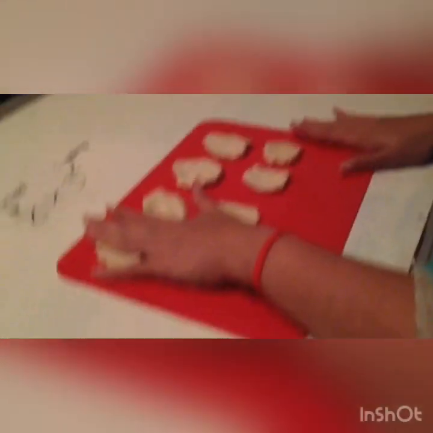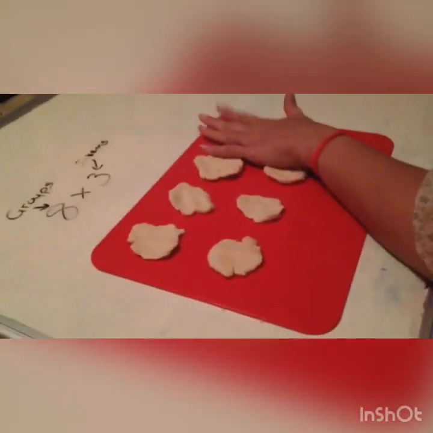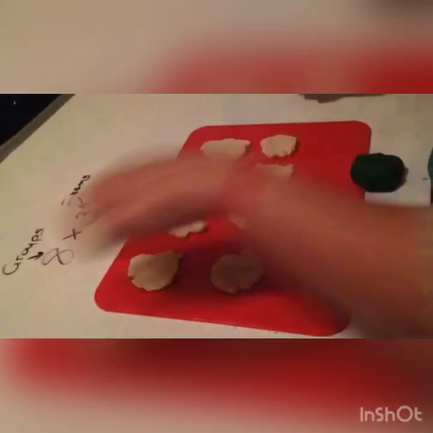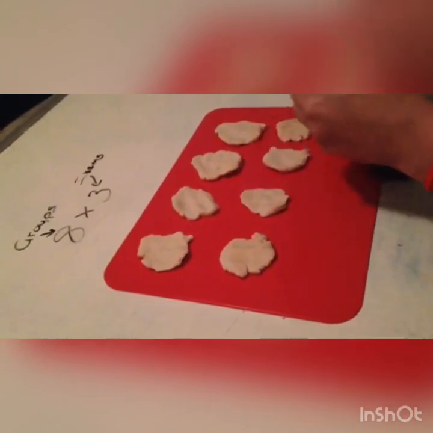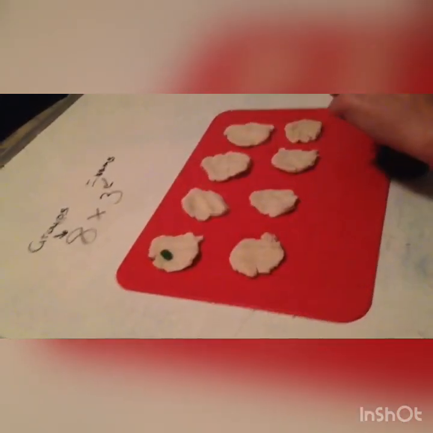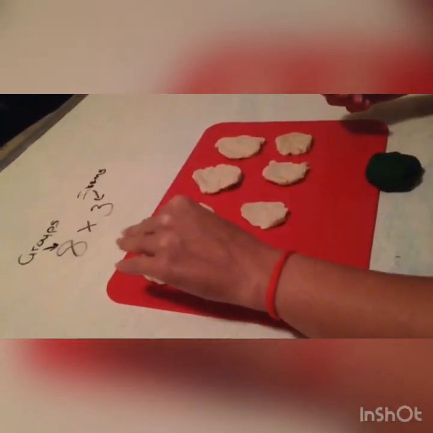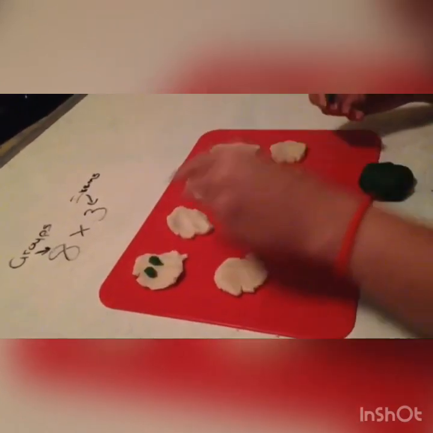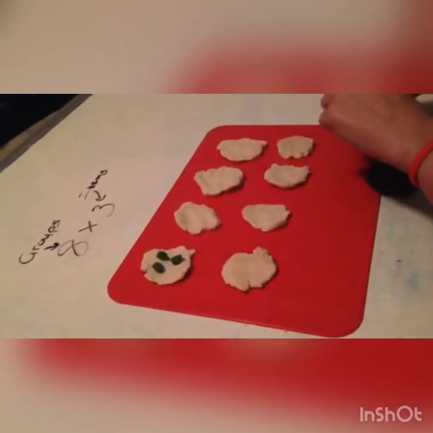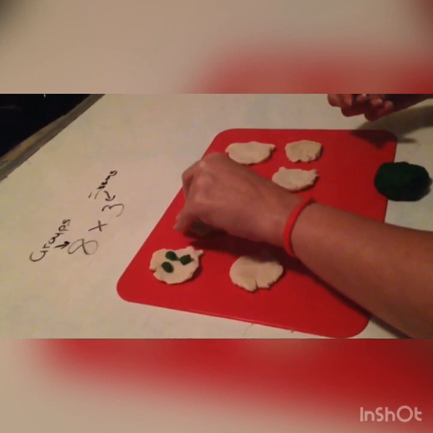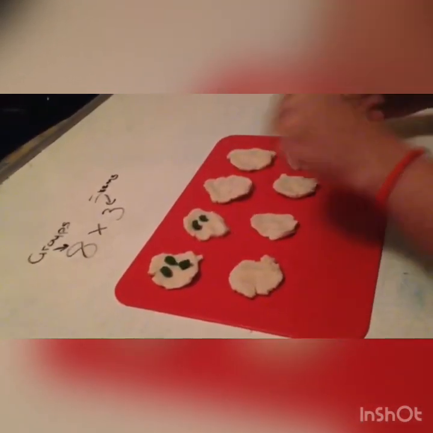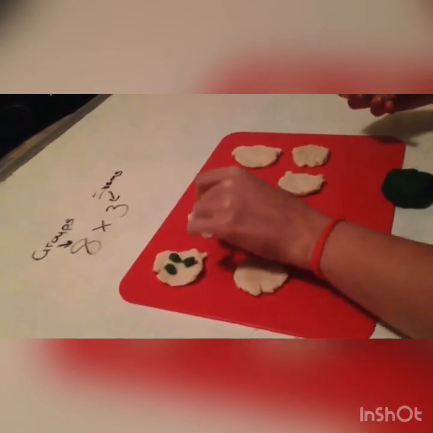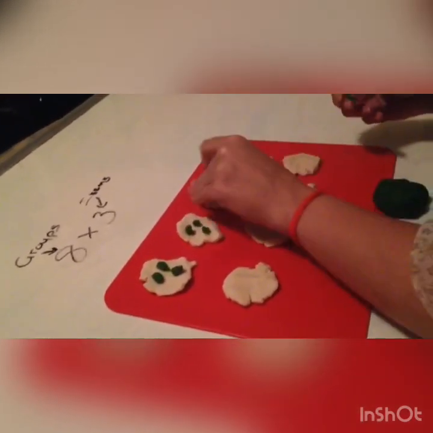So we have the 8 groups, and it says to us 8 groups times 3 items. So now we know that we have to put 3 pieces of green dough, or let's say it's green cherries, on top of each and every one of the 8 cookies. It doesn't matter if they're not the same size while you do the exercise.